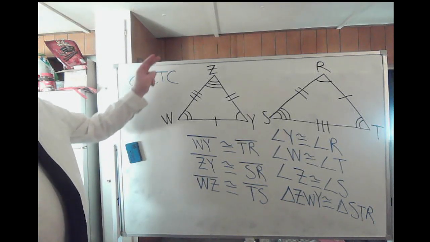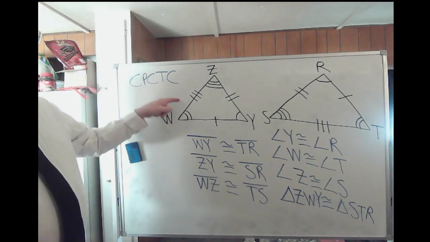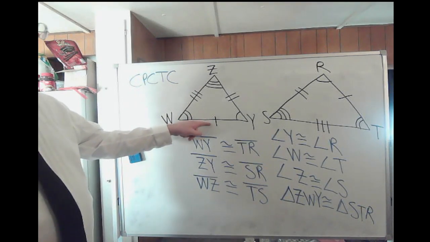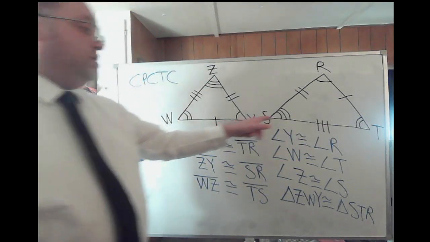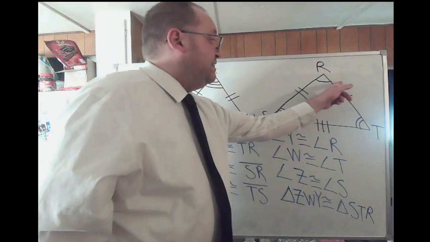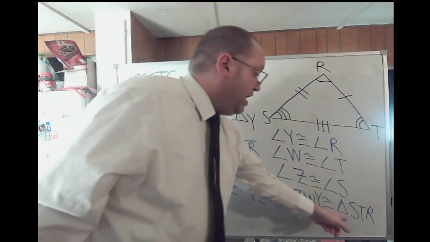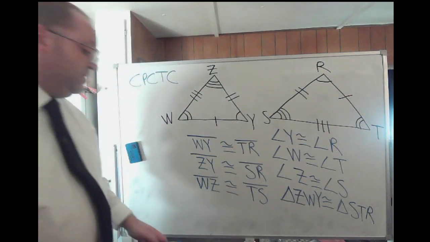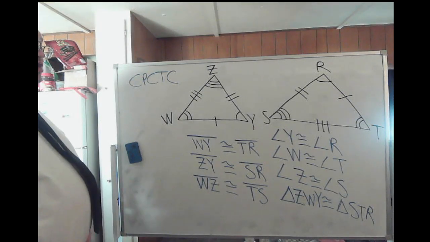So if it starts on the side with 3 tick marks and ends on the side with 1 on one triangle, you're going to want to do the same thing on the next triangle. You'll want to go in that letter order to get your proper letter order for the next triangle. So really, that's all there is to congruent triangles.